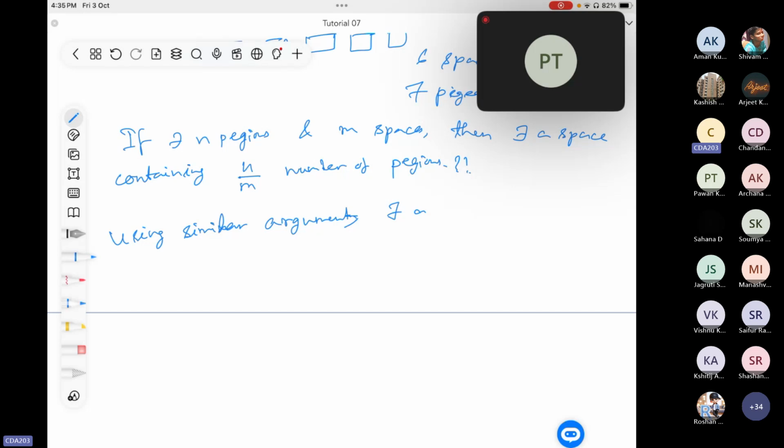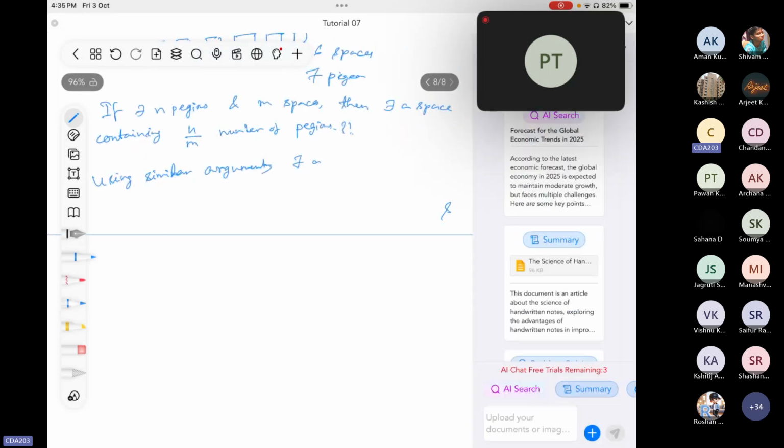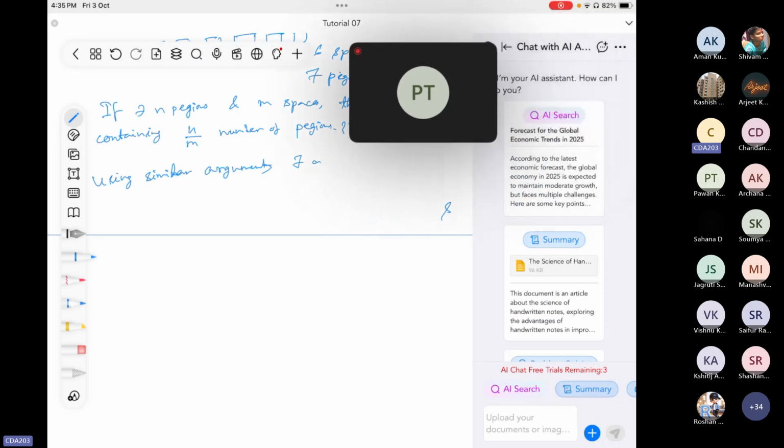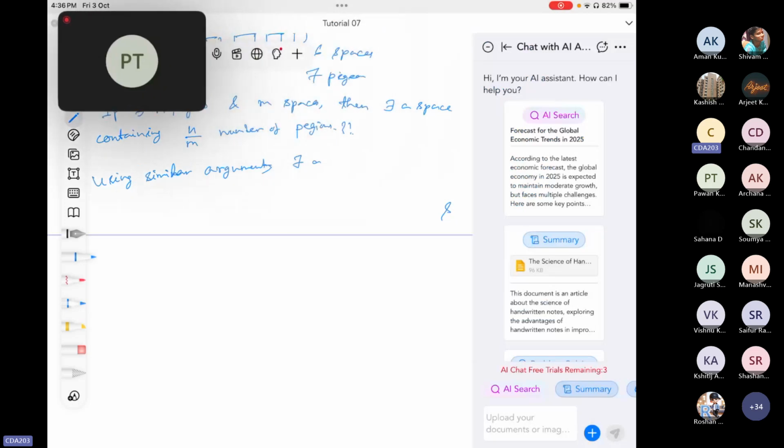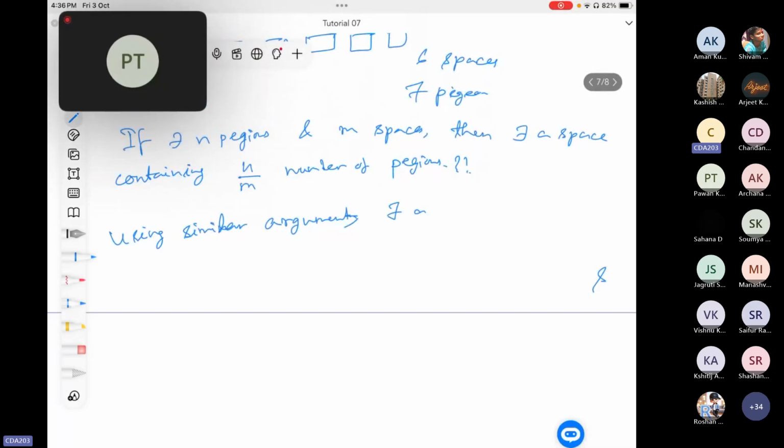So there exists a subset that has at least n by C star number of elements.